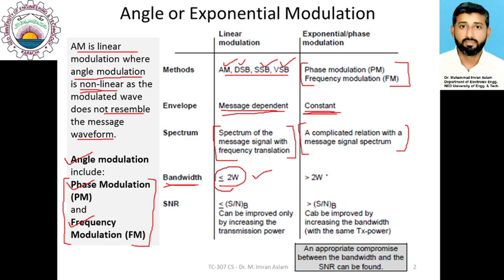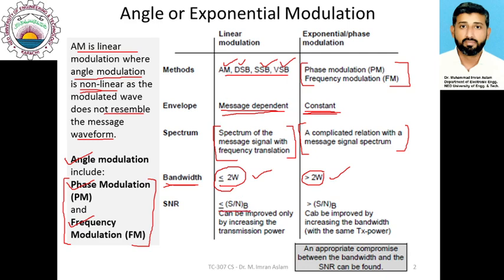However, for exponential modulation, we can get a bandwidth which can be greater than this 2W value. Rather, it can be further increased by appropriately setting the modulation parameters. So we can have an even larger bandwidth in this case.